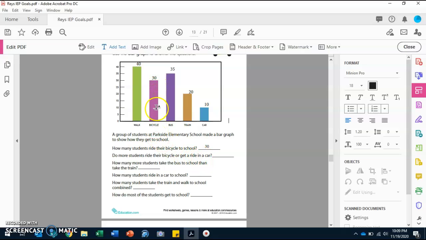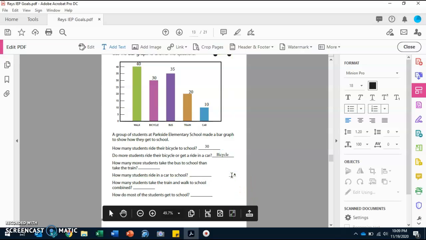Here we have the bike and we know that it's 30 and the car 10. So which one has more? Which do the students ride more? The bicycle or the car? Yes, good job. The bicycle. So that's what we're going to put right here. Bicycle. The bicycle has more than the car.